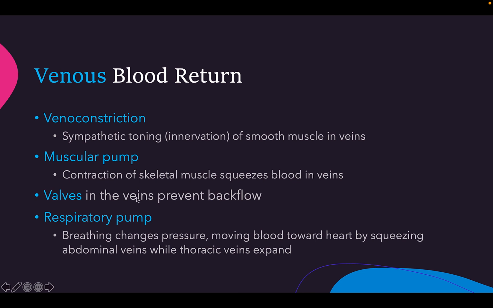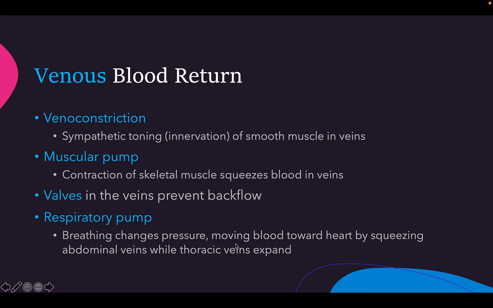And so the last one would be a respiratory pump, and similar to the muscular pump, it helps squeeze the veins or the blood in the veins back to the heart, but it does so with pressure instead of actual physical manipulation or like squeezing of the veins. So it does it with pressure instead of the skeletal muscles. And so breathing changes the pressure in your thoracic cavity, and then that allows blood to move into the heart from the vena cava seamlessly.